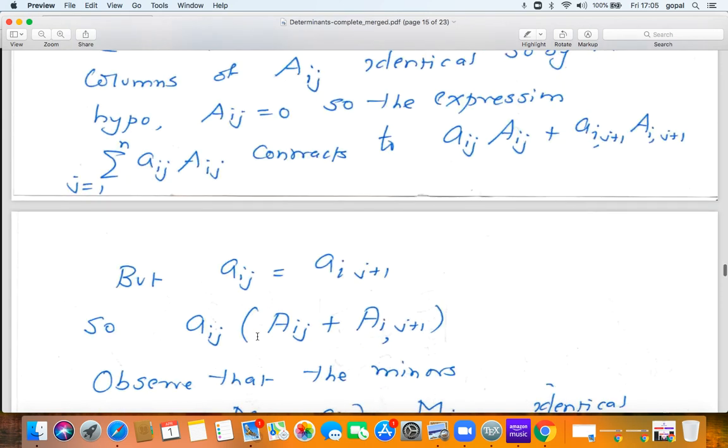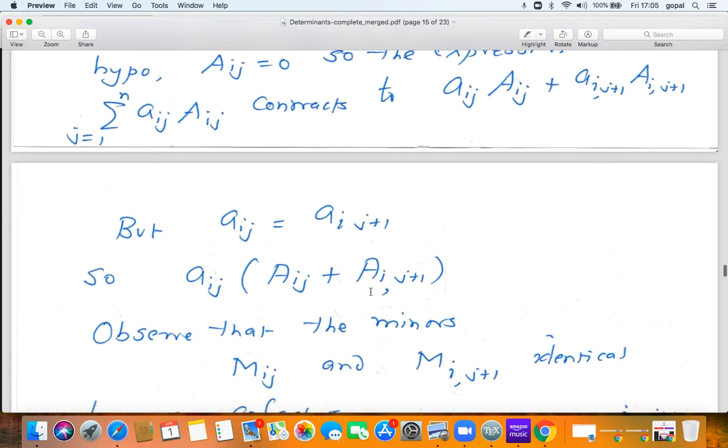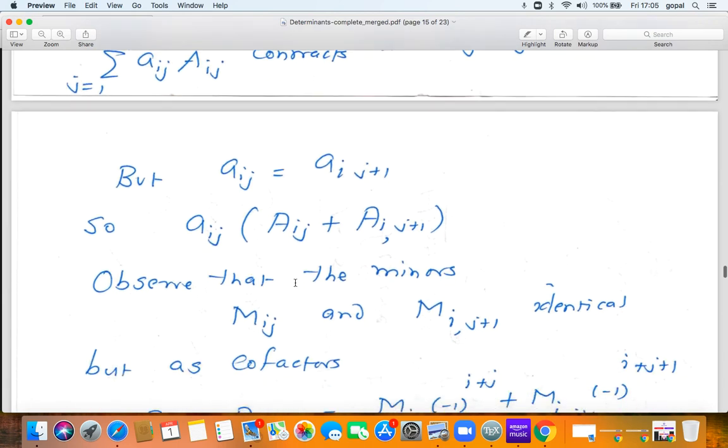Now, how do I know this capital A_ik plus capital A_i,k+1 combine to give you 0? What is capital A_ik? Compare it with the minor M_ik, and compare this with the minor M_i,k+1. The minors are identical, because here I'll be omitting the kth column but the (k+1)th column is there, and here I'll be omitting the (k+1)th column but the kth column will be there, and those two matrices will be identical.